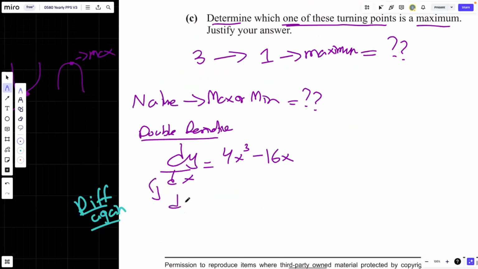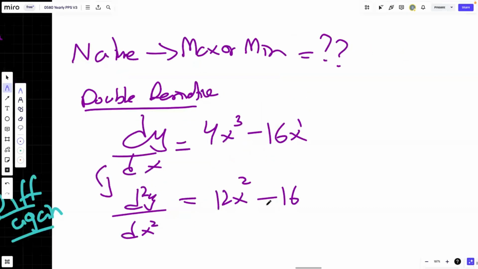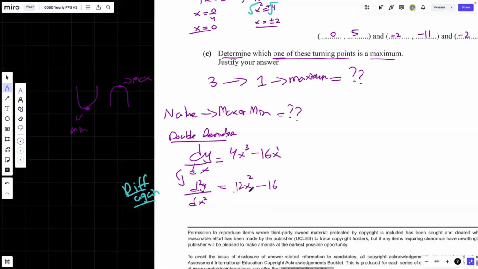So we'll get d squared y upon dx squared, that's the symbol we use for the double derivative. The differentiated value would be 3 into 4 is 12, so that's 12x to the power 2 because the power reduces by 1, and 1 into 16 is negative 16, and x to the power 0 is just 1, so it's just negative 16. That's my double derivative.